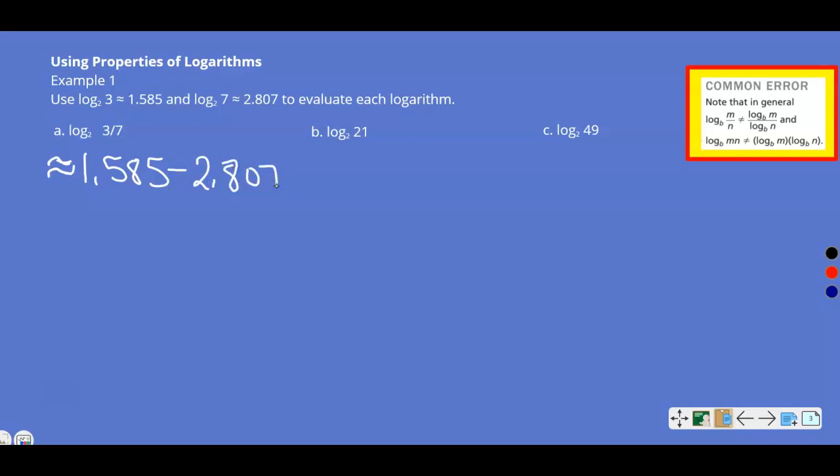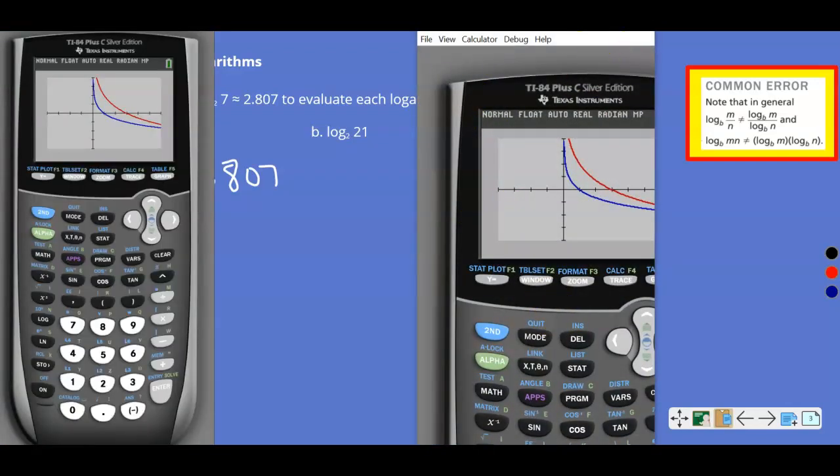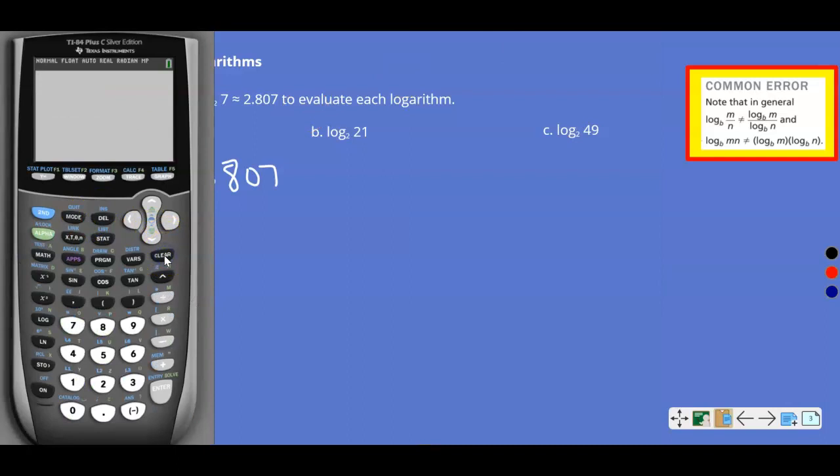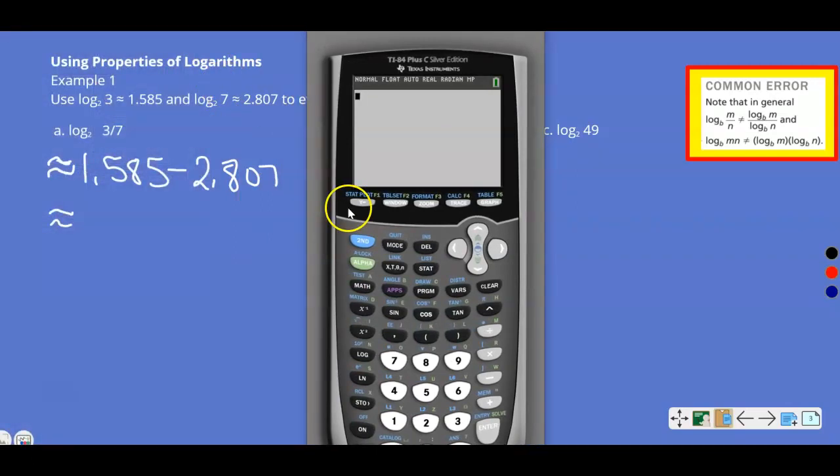All right, so that's going to be about negative 1.222.